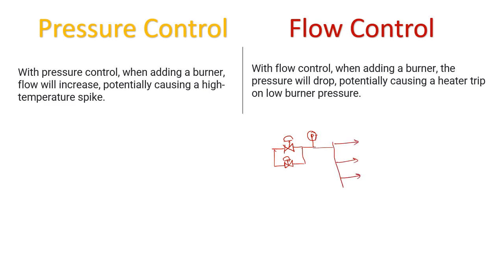There can be burner 1, burner 2, burner 3, like that, 1, 2, 3, 4, right? And again there is a flow transmitter here, right?